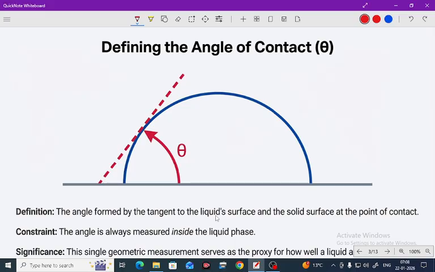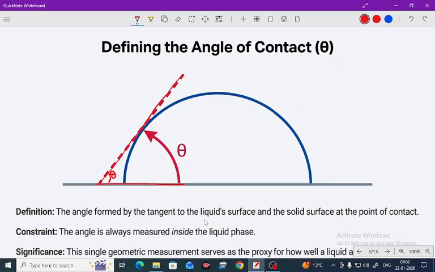See, this is a point, and the tangent of the liquid is here, and the tangent of the solid surface is this one. So the angle between them, this is theta.